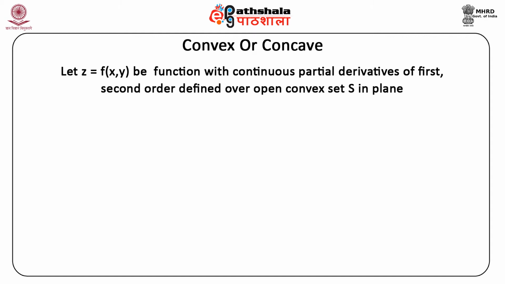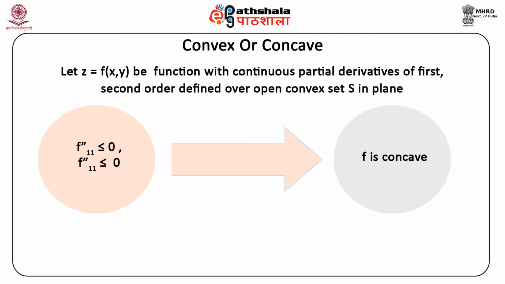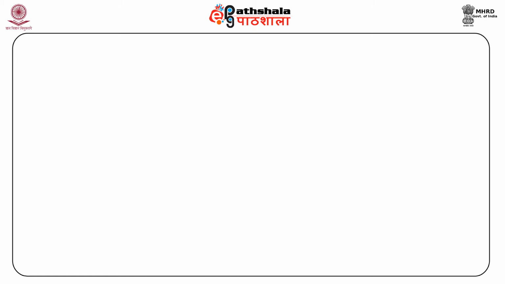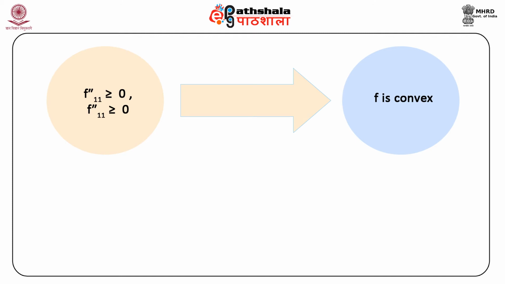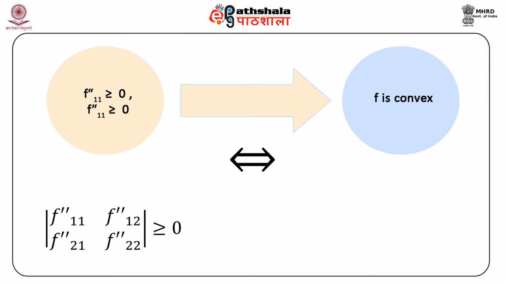Let z be a function of x and y with continuous partial derivatives of first and second order defined over an open convex set S in the plane. f would be concave, implying that f''11 is less than or equal to 0, f''22 is less than or equal to 0, and the determinant is greater than or equal to 0. f is convex if and only if f''11 is greater than or equal to 0, f''22 is greater than or equal to 0, and the determinant is greater than or equal to 0, where all the inequalities should hold throughout S.